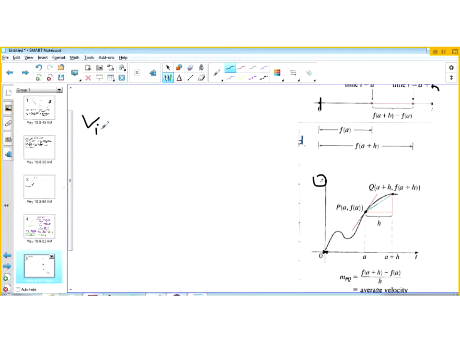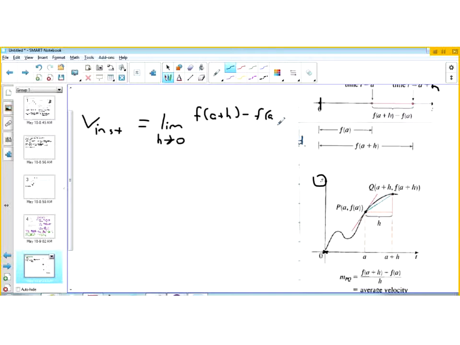And so there's a very useful formula. And now we can talk about the instantaneous velocity with respect to this figure. I'll call instantaneous velocity equal to the limit as h approaches 0 of the difference quotient of the average velocity.